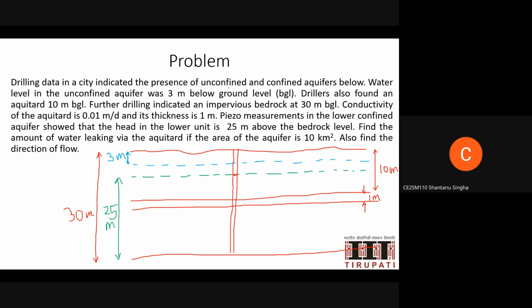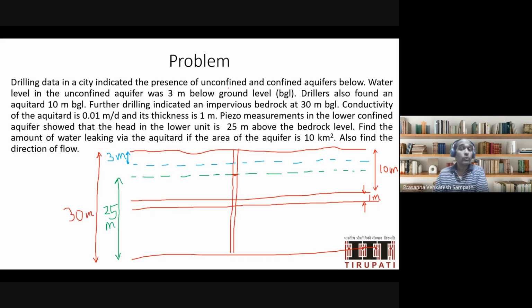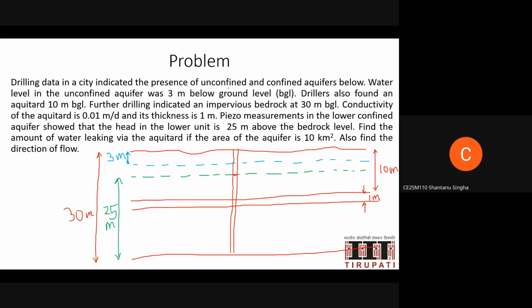Flow goes from higher head to lower head or lower head to higher head? Higher head to lower head. Where is the head higher? The blue line is the higher head and the green line is the lower head.